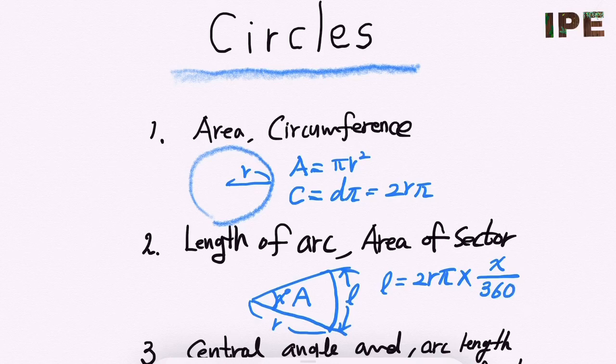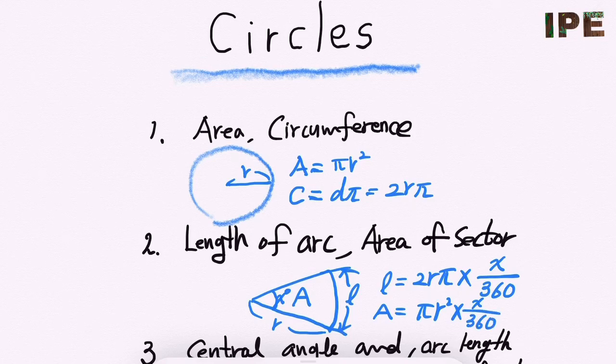And the area of a sector starts from the big circle's area, pi r squared, and then times the same thing, x degree over 360.